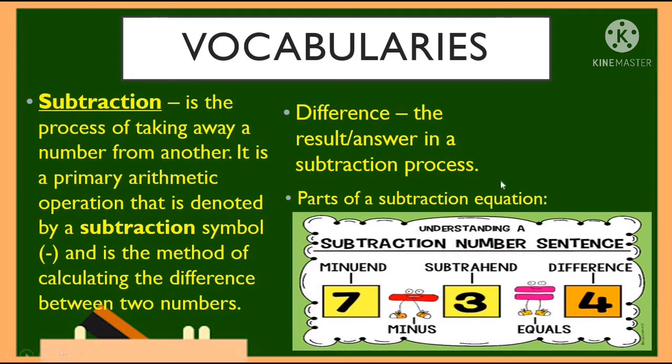This is the symbol. And it is the method of calculating the difference between two numbers. Again, our two main ideas for subtraction are the process of taking away and calculating the difference between two numbers.